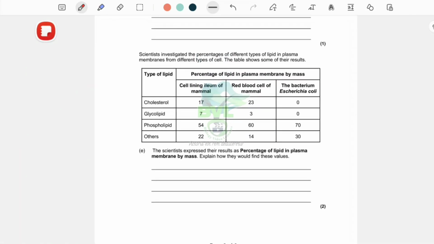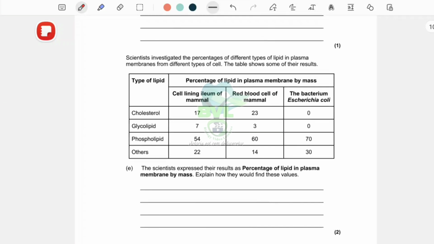Now, the last question here, I believe, says, scientists investigated the percentage of different types of lipid in plasma membrane from different types of cell. The table below shows there is also cholesterol in the lining of the lumen of mammals, in red blood cells, in Escherichia coli.